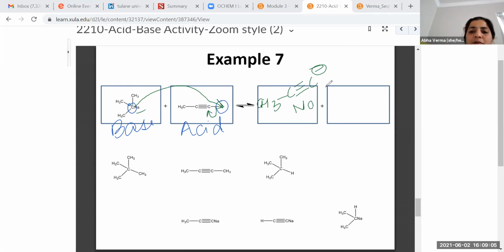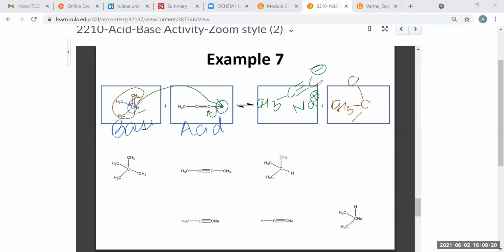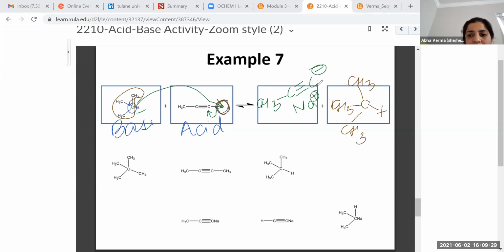The sodium ion will go and neutralize this C negative. What is left behind? This carbon with hydrogens, H3C, and by tomorrow we will learn this name. Your hydrogen has gone here.